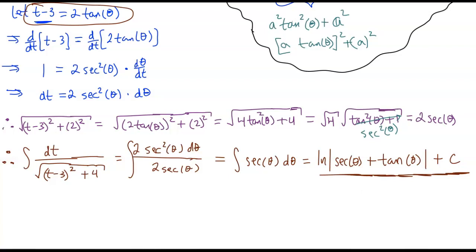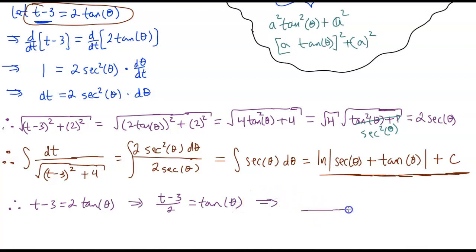So we're going to use that and rewrite what we have so that we can figure out what secant and what tangent is as well. So here, if you recall, we let this substitution be. So that means that t minus 3 over 2 is just going to be tangent of theta.